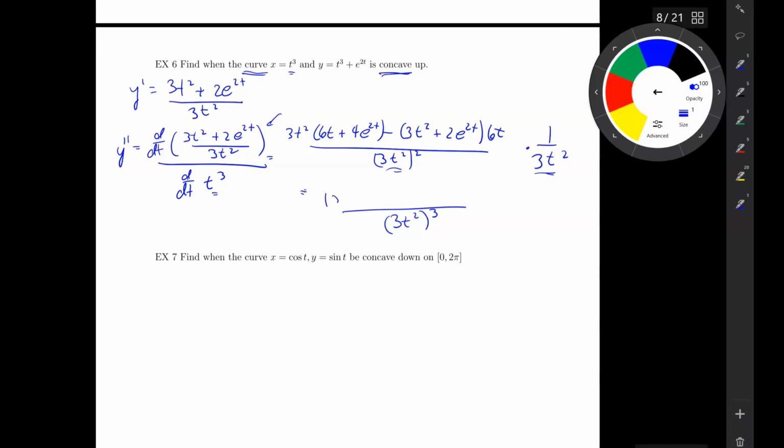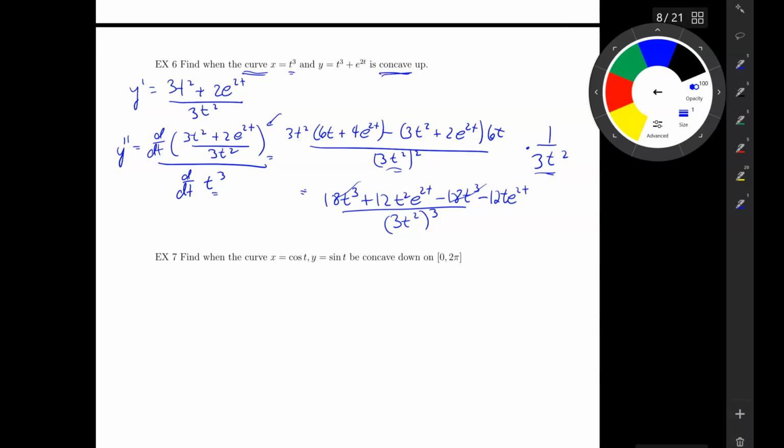So I have 18t cubed plus 12t squared e^(2t) minus 18t cubed minus 12, whoops, I lost a t, 12t e^(2t). All right, so look at that. Those 18t cubed terms go away.